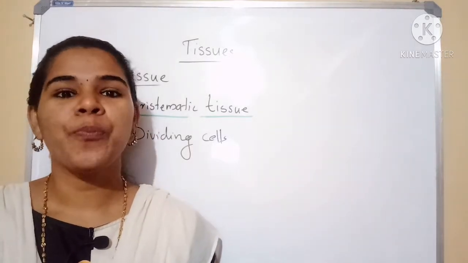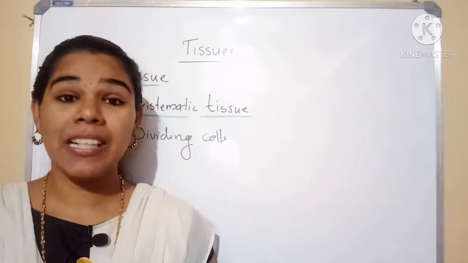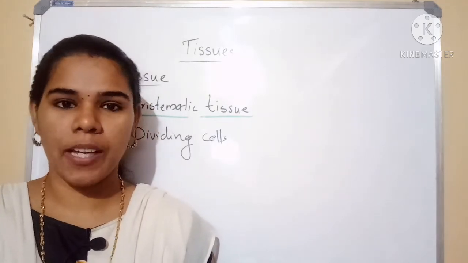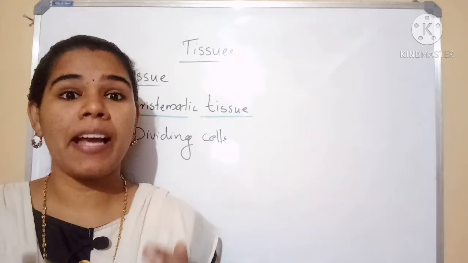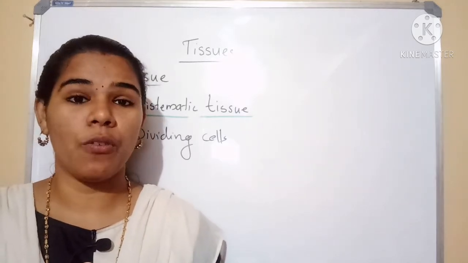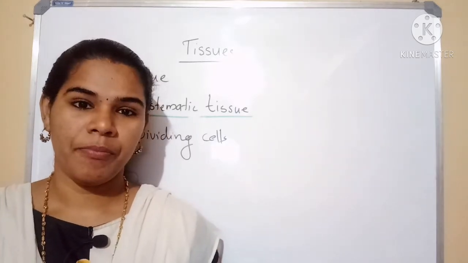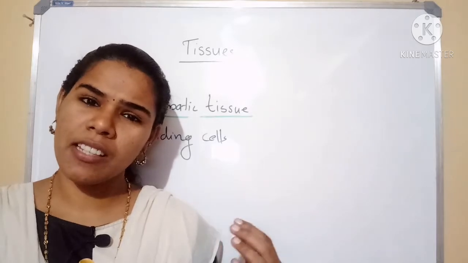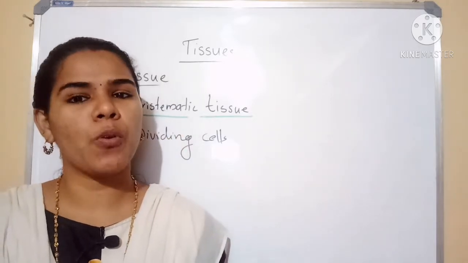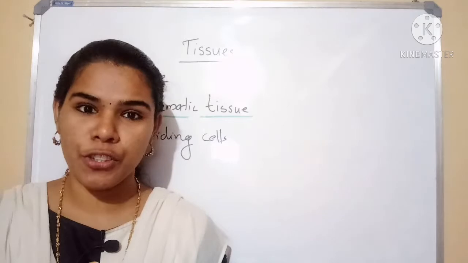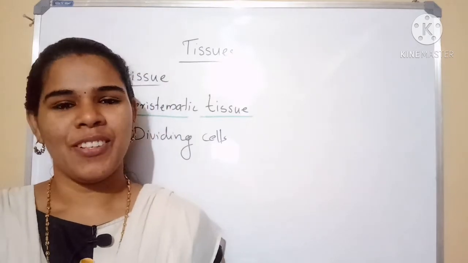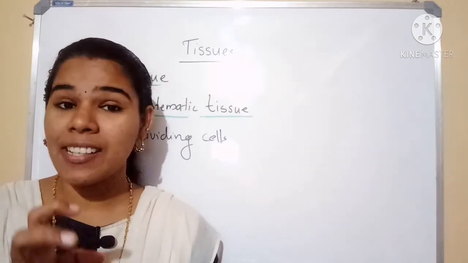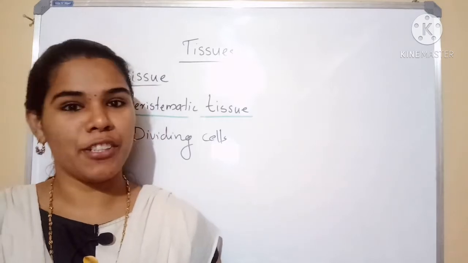Now, how is this meristematic tissue present in the plant body? Is each and every part of the plant body made up of meristematic tissue? No. So let's discuss where we can see this meristematic tissue.